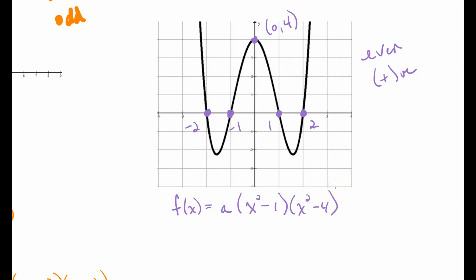Okay. If you don't recognize it, that's okay. You can write out each one of those. It's perfectly fine. Okay. And just like we did before, y is 4 when x is 0.